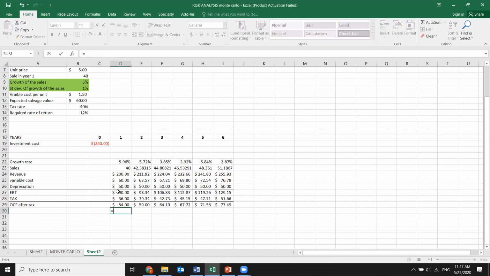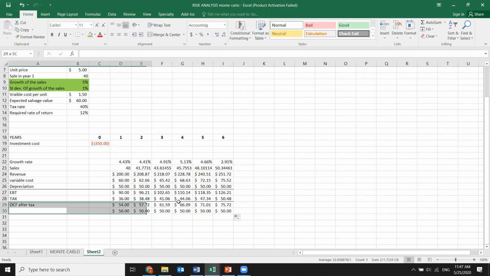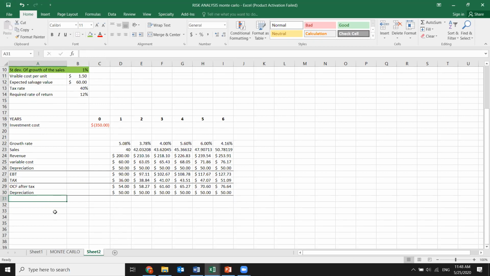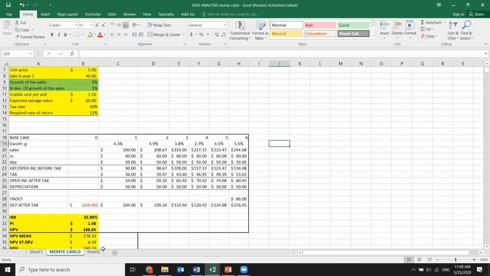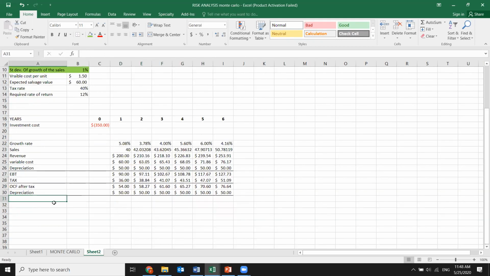Then we are adding back the depreciation. So this is the depreciation. And we have operating cash flow in here.